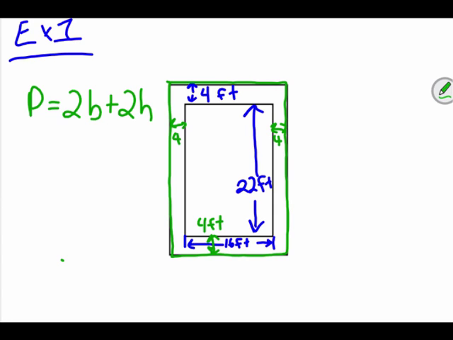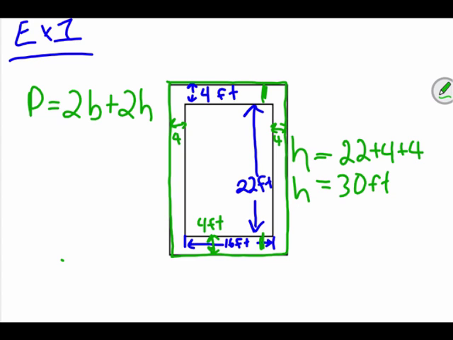Now what she was saying is that the height is actually 22 plus 4 plus 4. It was 22, then you have 4 up here, and you have 4 down here. And so then our actual height would be 22 plus 8, or 30 feet.